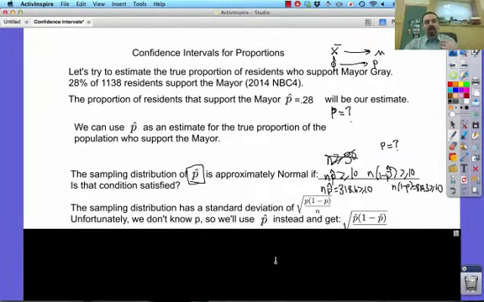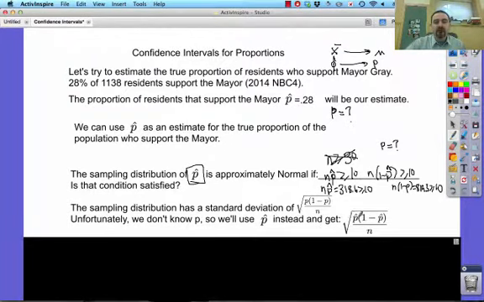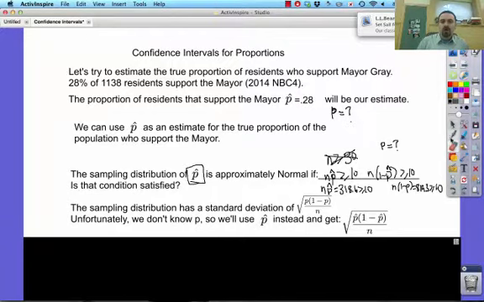The sampling distribution has a standard deviation of the square root of p times 1 minus p over n. Okay, as I said before, we don't know p, but in this case, it's going to be okay to use p hat in this place. And the standard deviation is going to be valid. This is different than the situation we had with sampling distributions of sample means.